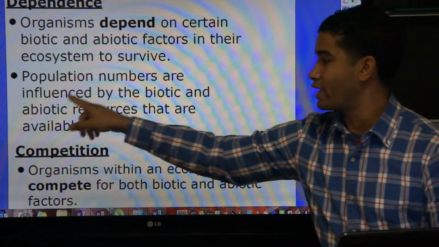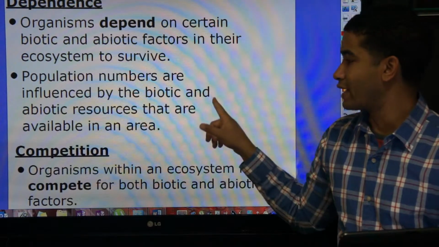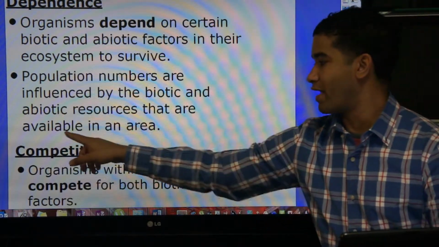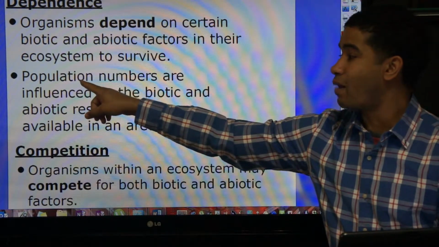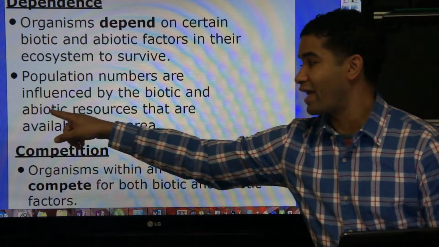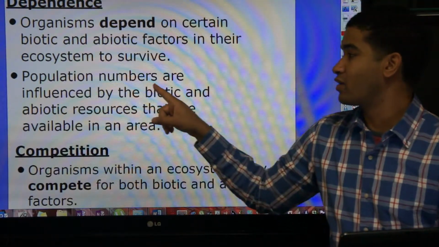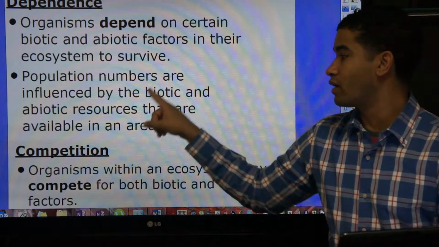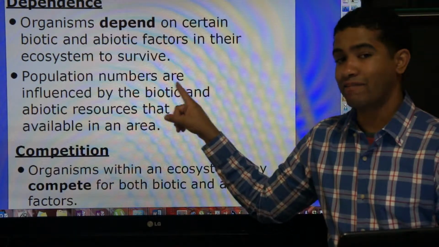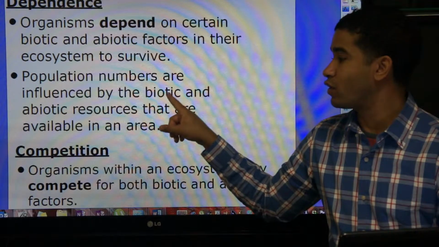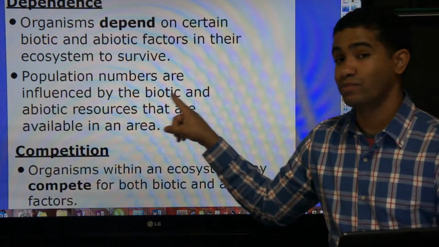Population numbers are influenced by the biotic and abiotic resources, things they have, that are available in the area. So how big the population can grow depends on how much stuff they have. Okay? Like I said in the example earlier, you can't have a billion or a million or even hundreds of thousands of foxes if you don't have enough biotic factors for them to eat.